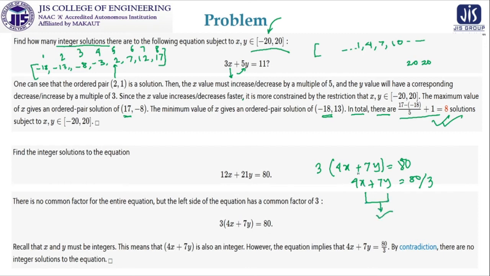If x is integral, 4x will be an integer, and 7y will be another integer. Two integers you are adding and you are getting 80 by 3. Is it possible? Clearly not. It means you are not going to be able to solve this problem. So it is a contradiction.